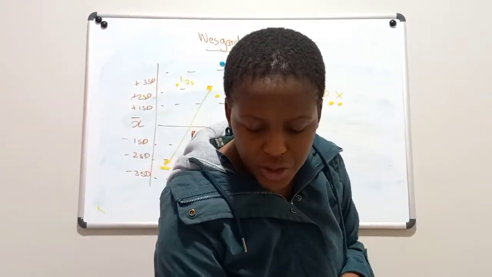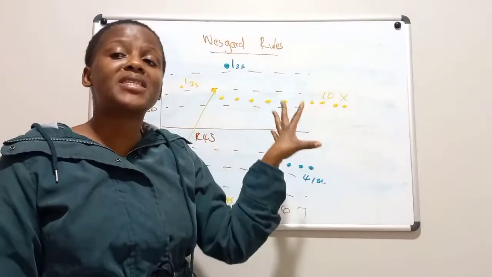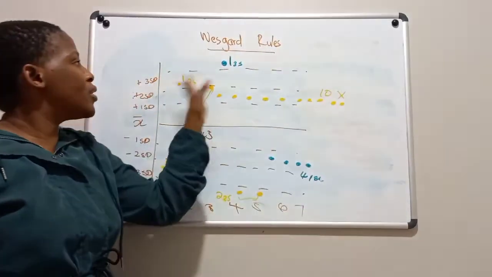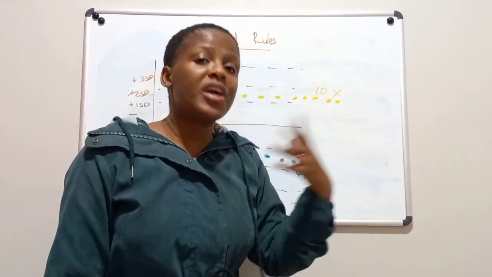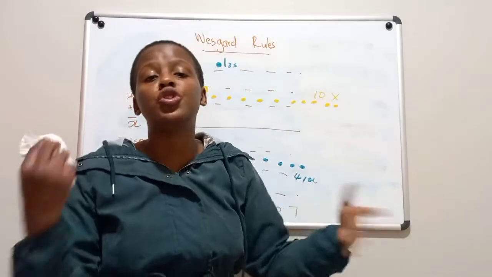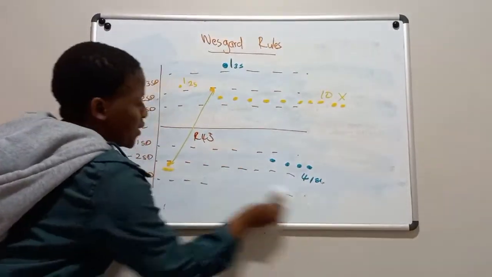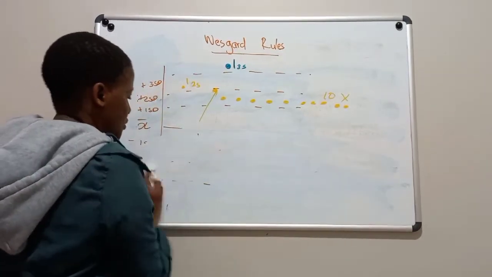So try to check if your lab uses the Westgard rules as they are, or if there are certain ones that they have amended. Like with the 1-2S, there are some labs where it is not a warning, it's also a rejection, so they won't just accept the results. So you need to look at that as well. So basically, those are the Westgard rules.